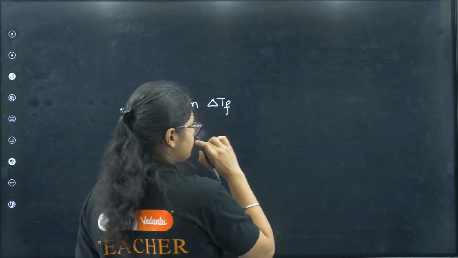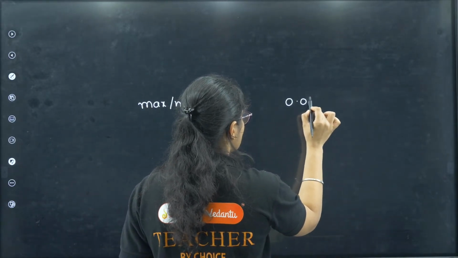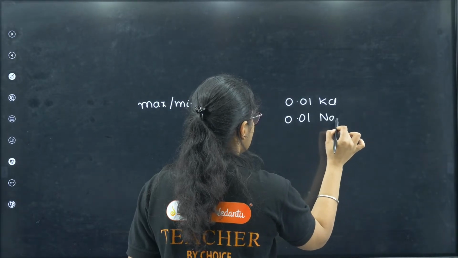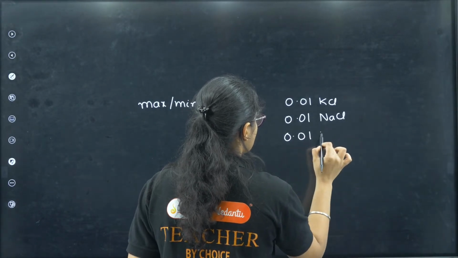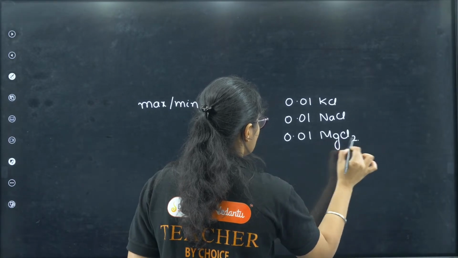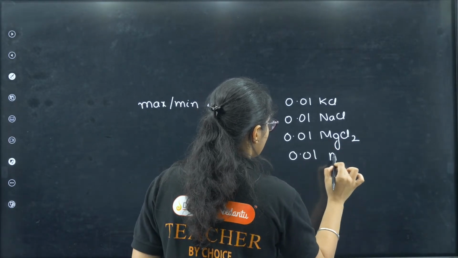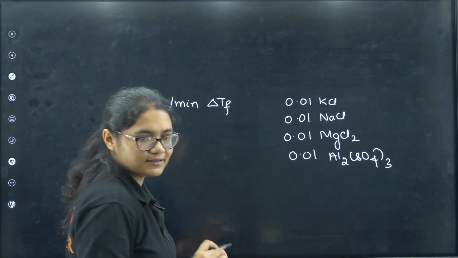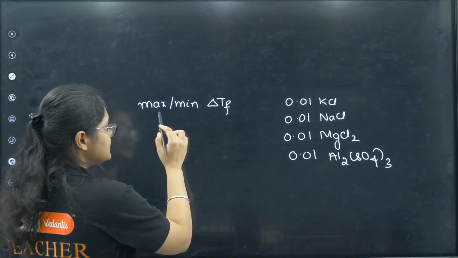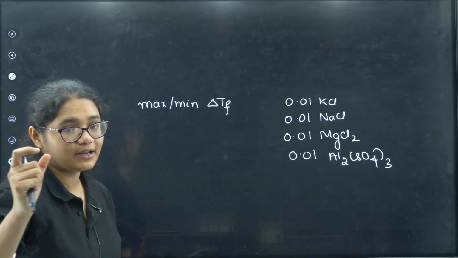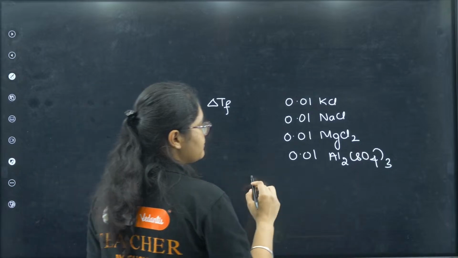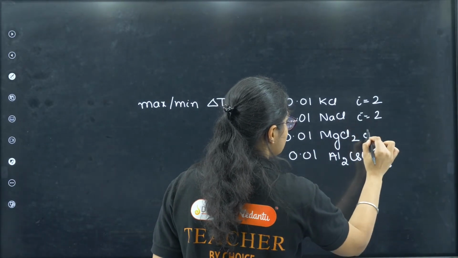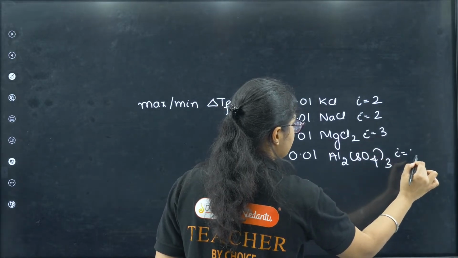Suppose for example you have 0.01 KCl, 0.01 NaCl, 0.01 MgCl2, 0.01 Al2(SO4)3. Suppose these are the options given. For maximum or minimum depression in freezing point, it will depend on the i value. Here the i value is 2, here also 2, here the i value is 3 and here the i value is 5.